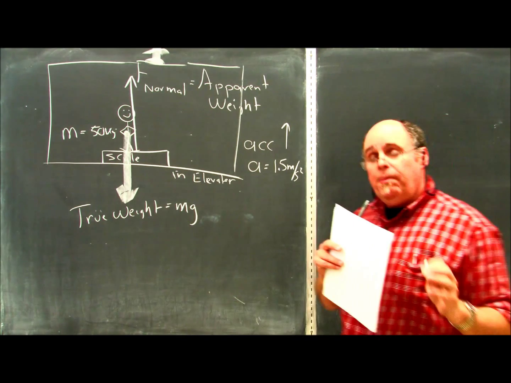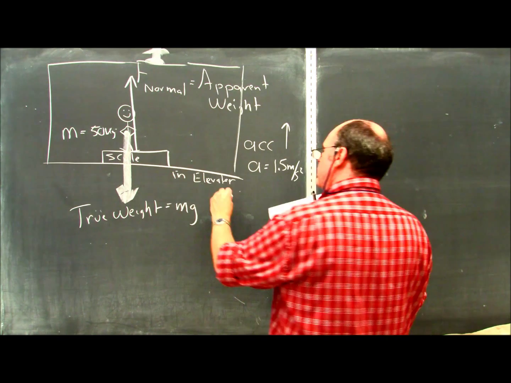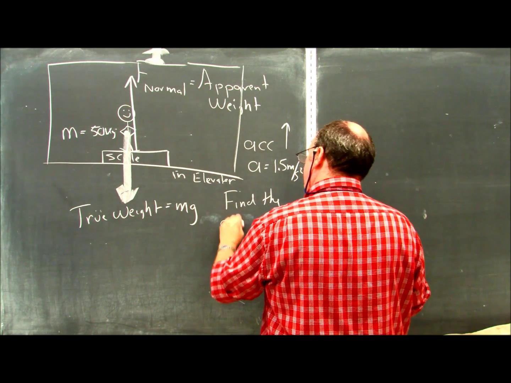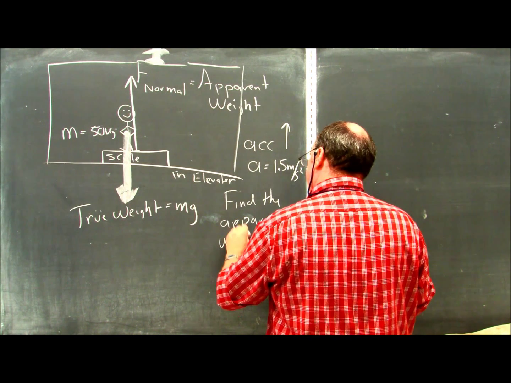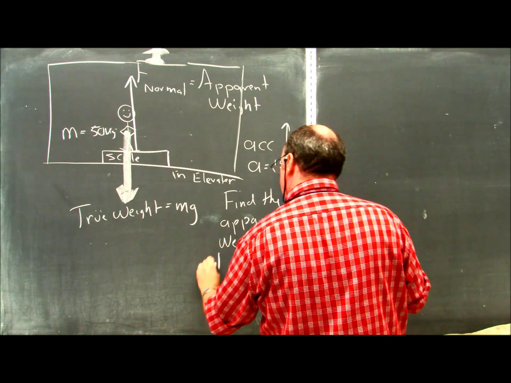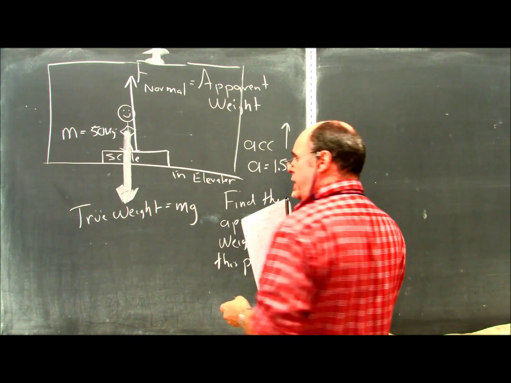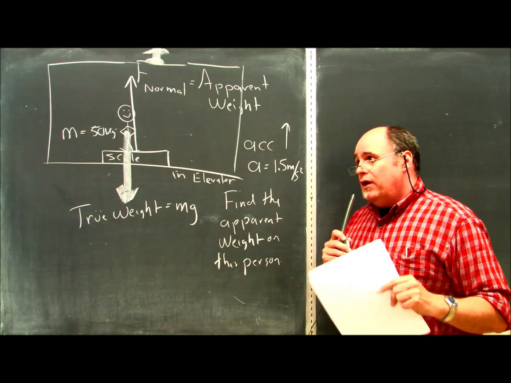And we could say, find the apparent weight on this particular person. So that would be our word problem. That would be our question.